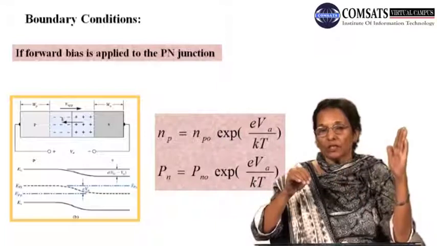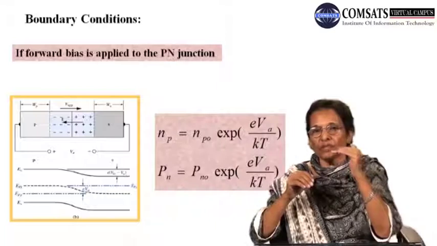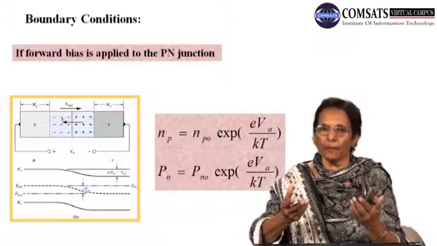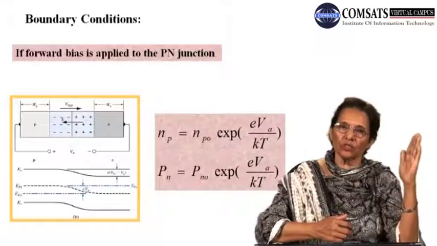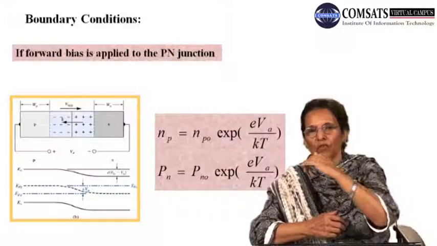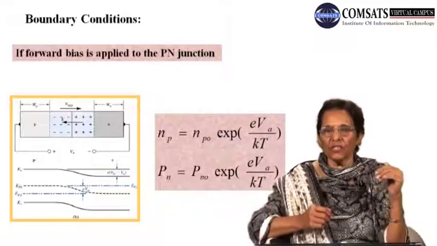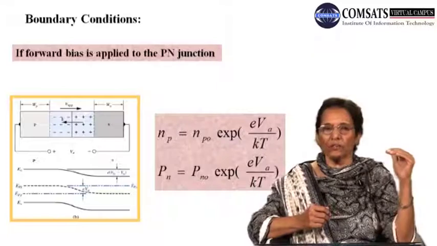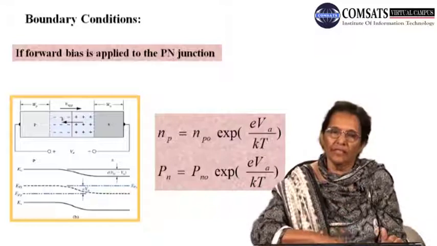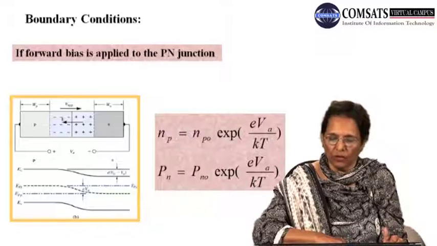When these majority electrons diffuse from the N side and enter into the P region, they are termed as minority. They become minority. The majority electrons which started from the N region crossed the depletion region and entered into the P region, hence the term injected, as if electrons have been injected from the N side into the P side. On the P side, they will be termed as injected minority electrons.